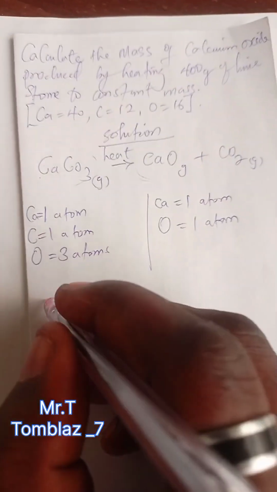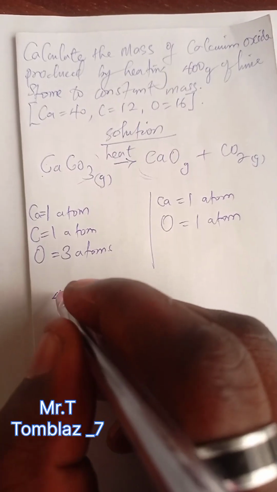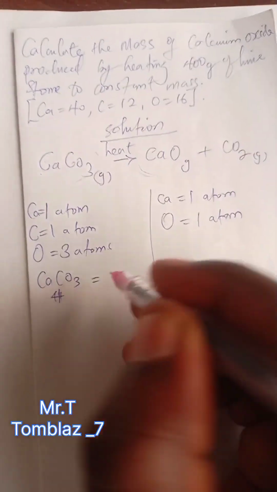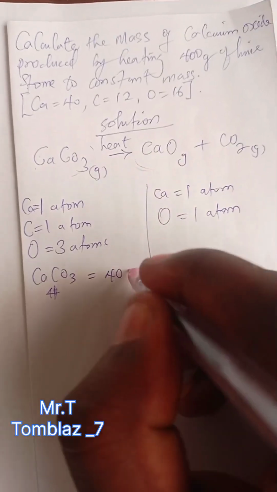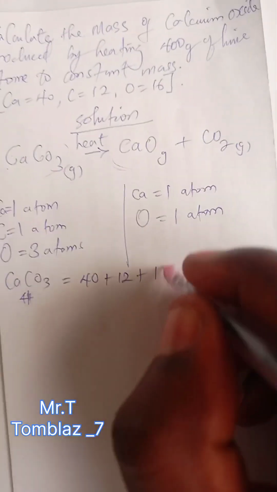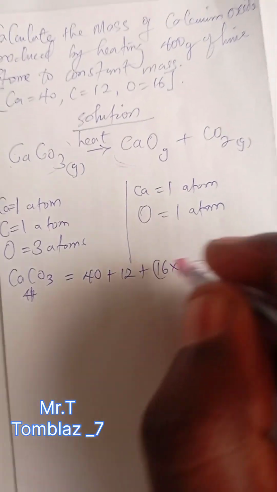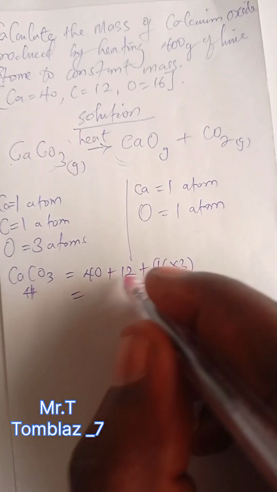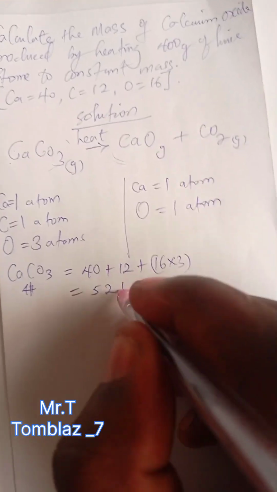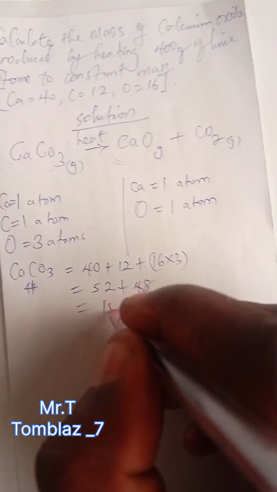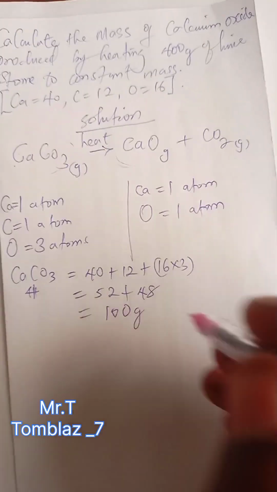Let me write the compound here first. For calcium we have 40 plus carbon 12 plus oxygen, which will be 16 times 3. So this plus this will give you 52 plus 48. This gives you 100 grams, right?